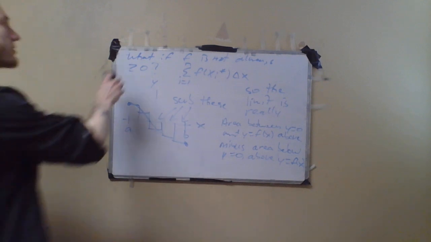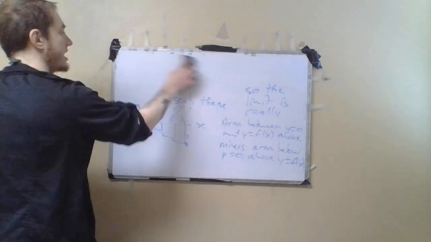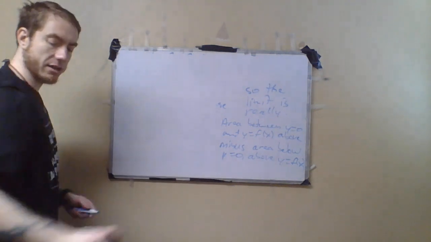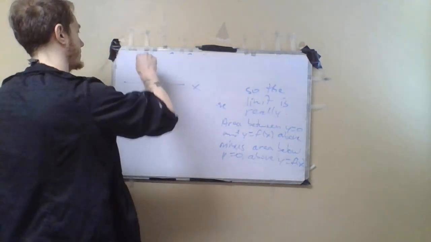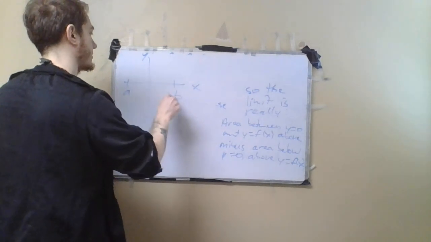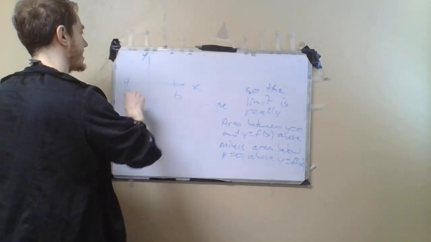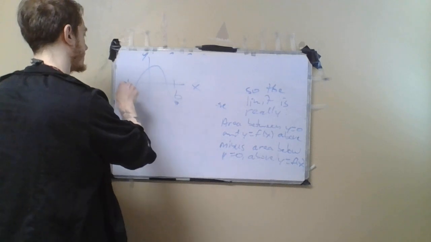So that's a bit of a weird thing. For instance, if we look at the limit of these Riemann sums, if I have something that looks like this, maybe I've got this shape here.